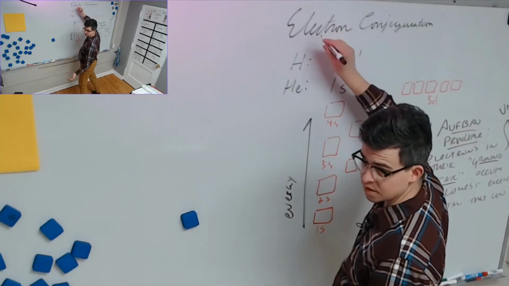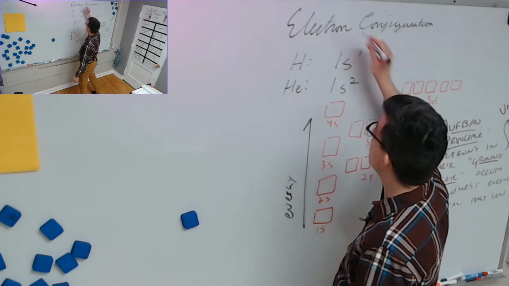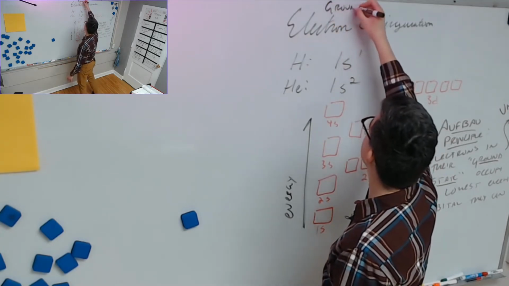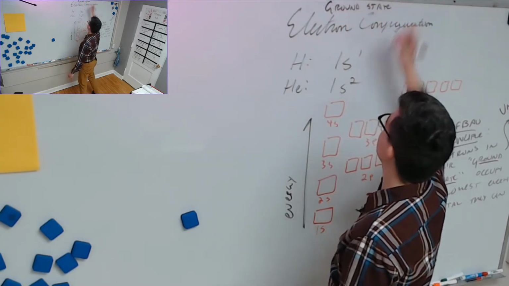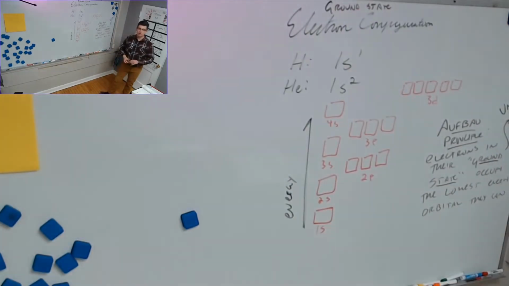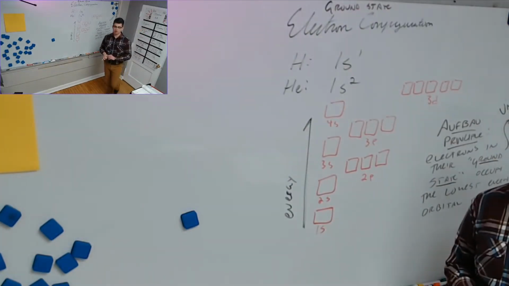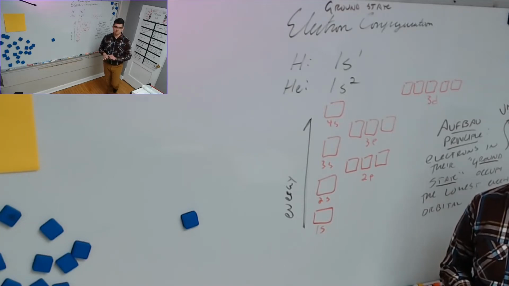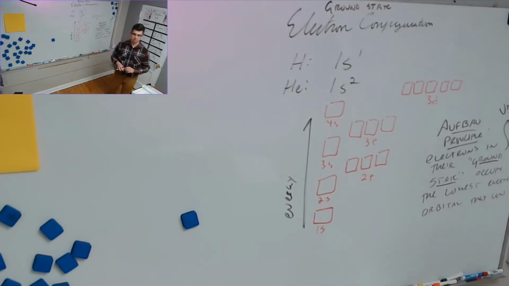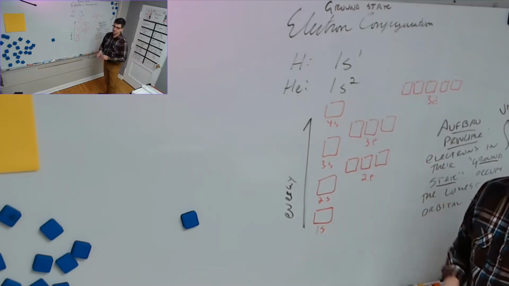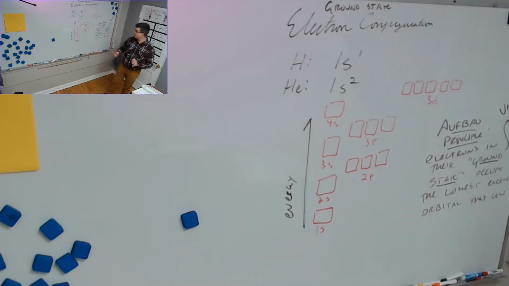If we aren't being very specific, we call this electron configuration. I've only ever seen these done for an atom in which all of its electrons are in their ground state. I guess it would be theoretically possible to do them for an excited state, but that really just isn't done. We're always doing it for the ground state, which follows the Aufbau principle, that they occupy the lowest energy orbital they can.